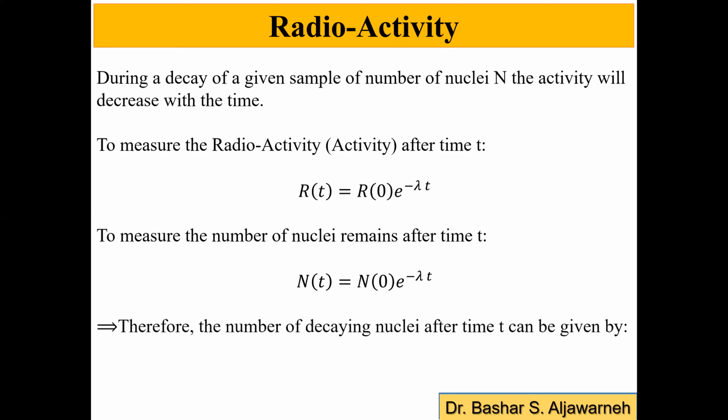Here, as I mentioned, I have a sample with an initial number before decay, and N of t is the number of nuclei remaining after time t. Now, to calculate the number of decaying nuclei, we use N decay equals N0 minus N of t.